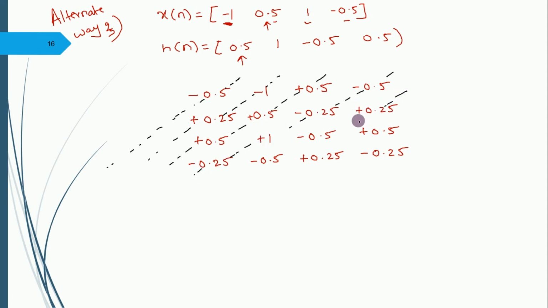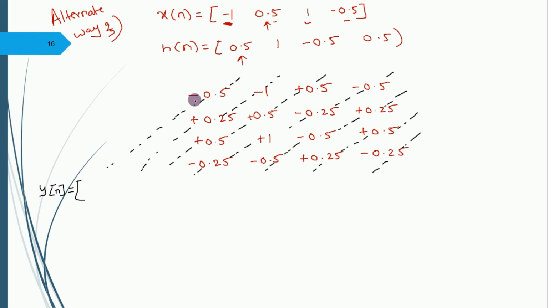So this diagonal, this diagonal, and the last diagonal. Okay, so now the things are done. This is what is my y of n.